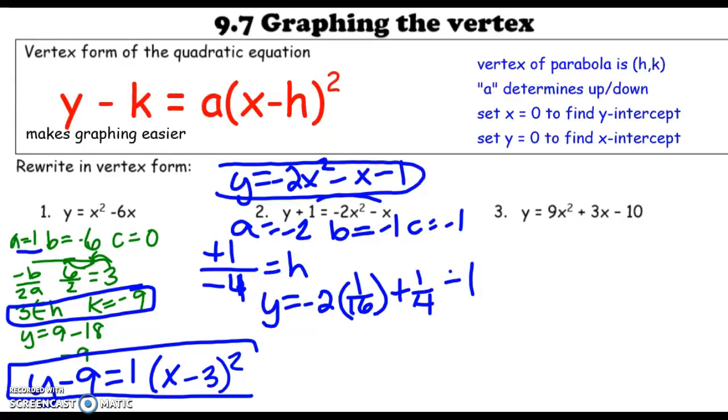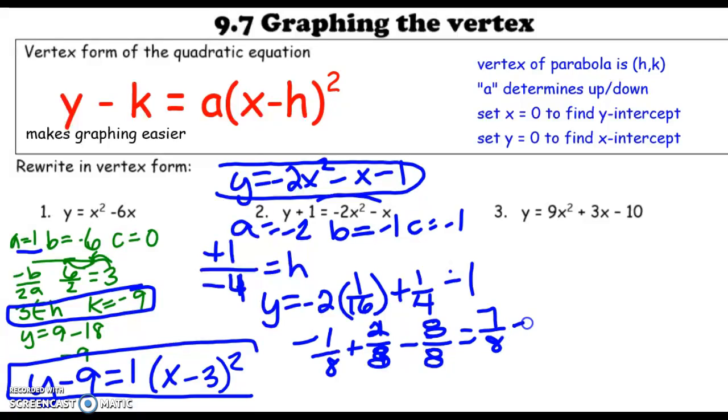That becomes a negative 2 over 16, which is a negative 1/8 plus 1/4 minus 1, and let's just change that to an 8 over 8 because I'm going to need a common denominator here. So let's do 2 over 8 and 8 over 8. So negative 1 plus 2 is going to be 1 minus 8 is going to be negative 7/8, which is now going to equal my k.